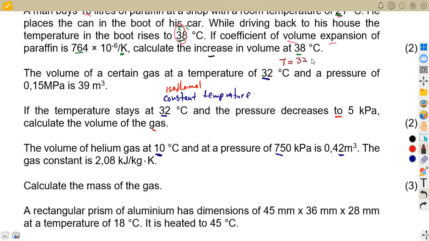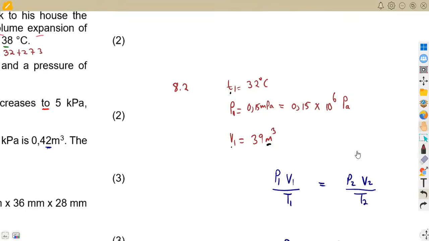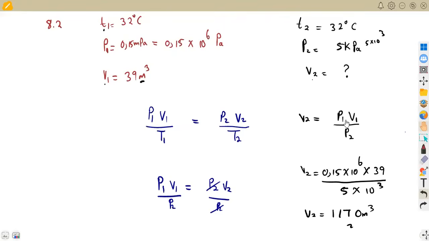We are going to add 32 plus 273, and you obtain your temperature in Kelvin. The same thing here. But since we were not considering this temperature in our calculation, we canceled and we ended up using the formula where the temperature is not involved. That's why I never talked about the Kelvin part here. It's because we are going to cancel these temperatures.